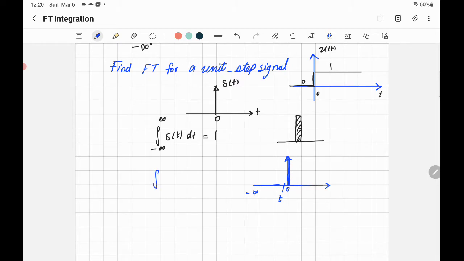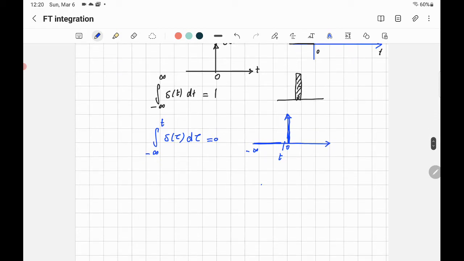So what would be the integration? From negative infinity to t for delta, now we change the variable from t to tau because we are integrating up to t. So the integration of the impulse delta of tau, d tau, from negative infinity up to t, where t hasn't yet reached the pulse, would be equal to 0, because everything is 0 before that.